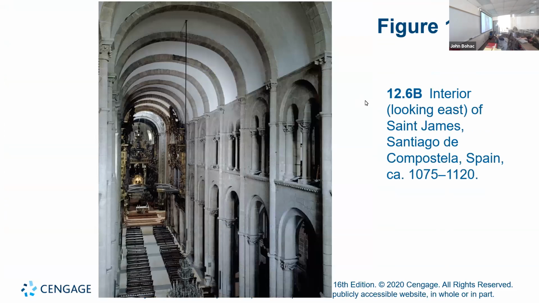And so interior, St. James, Santiago de Compostela, Spain. And they're going higher. This is how they roll. This is what's happening here. And I want to kind of point out something here too.